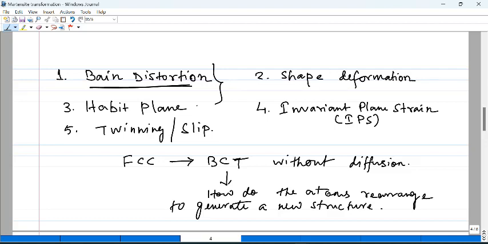Okay. So this is something that we need to understand in a little more detail as to what is involved here and how does this kind of distortion lead to a new crystal structure altogether. Okay. So I think we can take it separately in the next lecture and discuss more about it to fully understand it. Okay. So I hope today we can stop here.